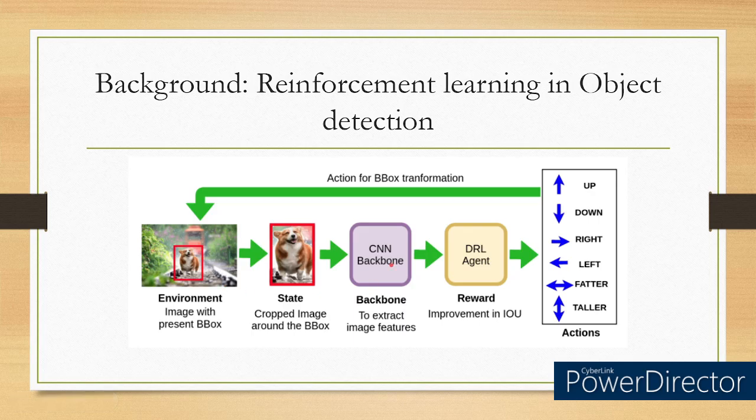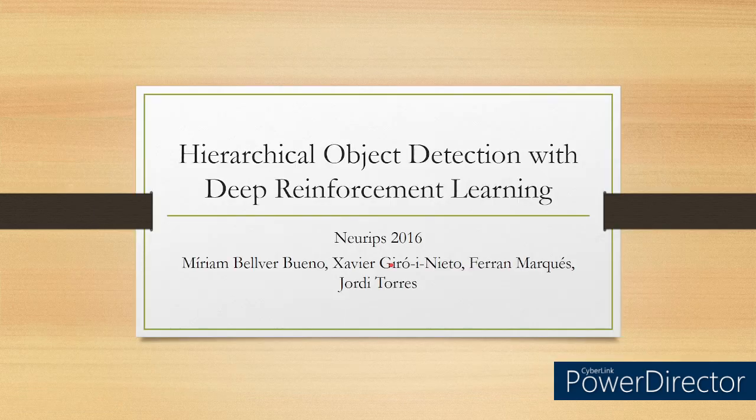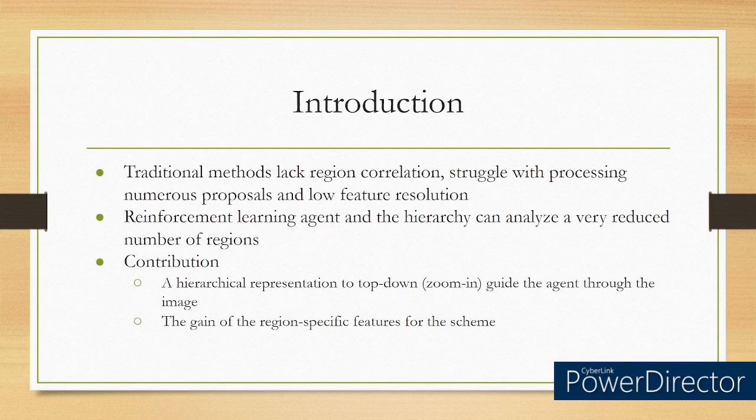Okay. Next, I will introduce Hierarchical Object Detection with Deep Reinforcement Learning, a paper published at NeurIPS 2016. In the past, traditional methods used the sliding window approach, where images were analyzed at the local scale, looking at different parts independently without relating them.